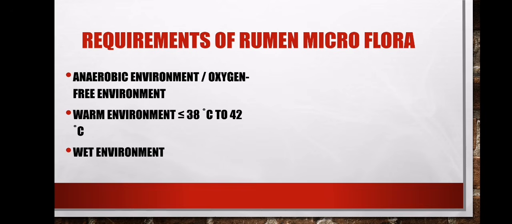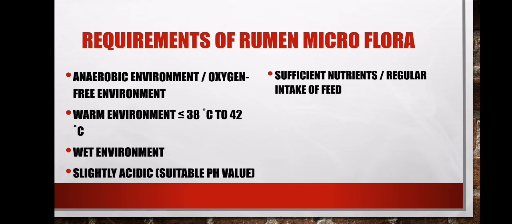We can also talk about the moist or wet environment. If you can cram these four: absence of oxygen, warm temperature, wet or moist environment, and then you can say slightly acidic pH. Then we can continue and say sufficient nutrients, which is regular feed intake.